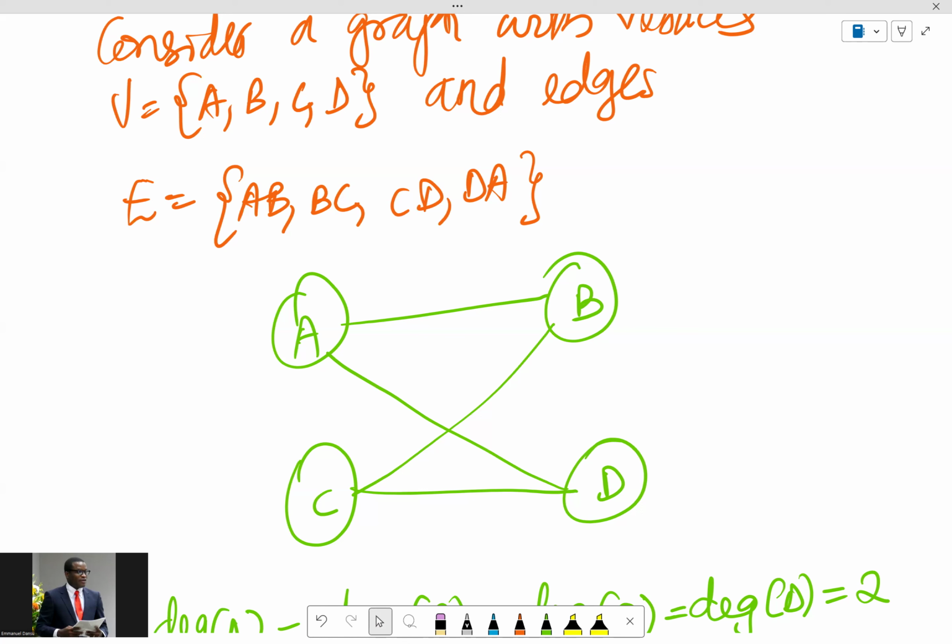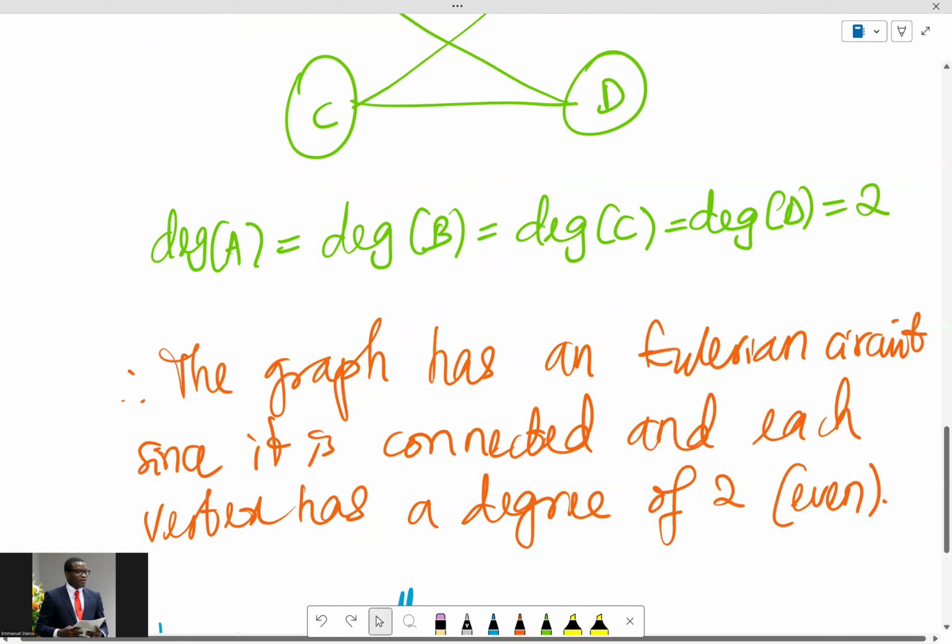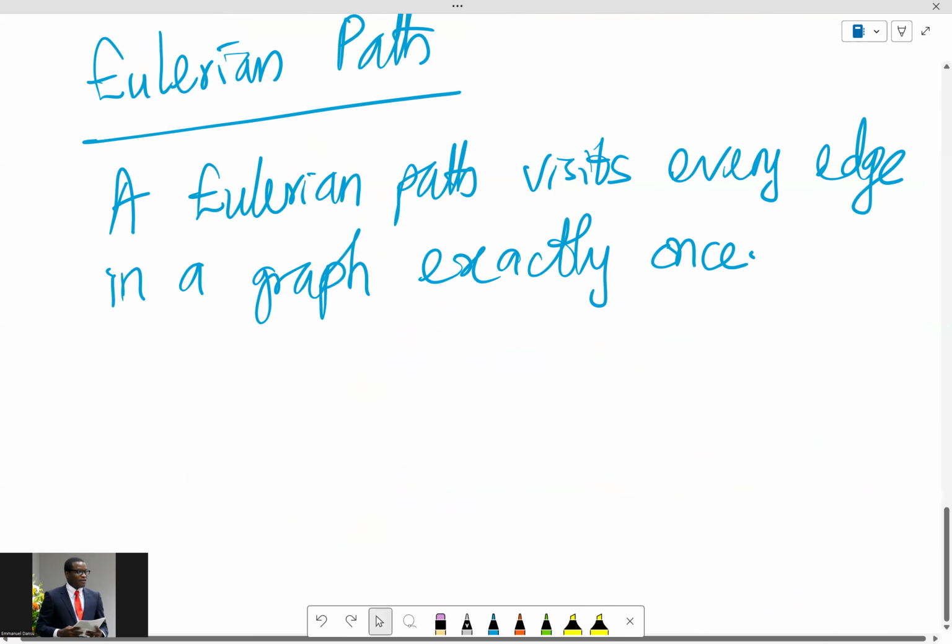So that's what I demonstrated before. You can fly from A, which is your house, to B, then go to C, go to D, and then return back home. Basically, that's the idea of a circuit. But in the case of a path, you don't go back to where you started from. That's the difference. So a Eulerian path visits every edge in a graph exactly once.